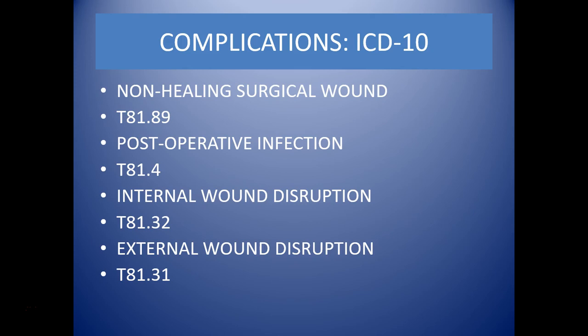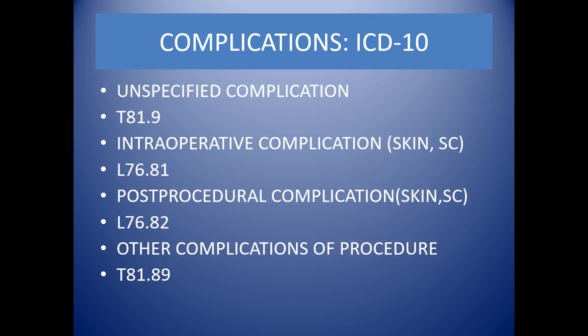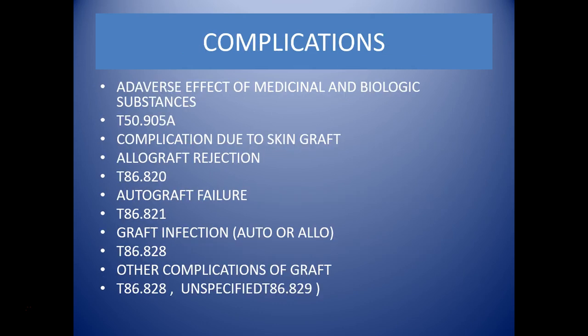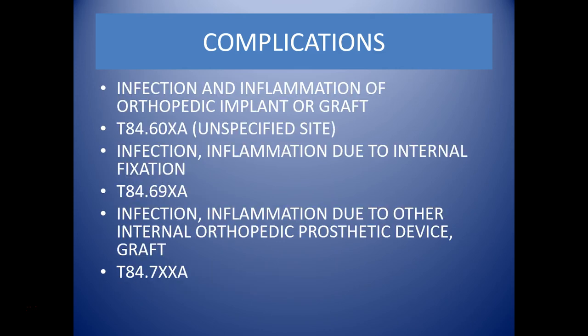Complications including soft tissue and bone healing complications, wound dehiscence and disruption have separate ICD-10 codes, and you want to familiarize yourself with the various ICD-10 codes that are available to describe the complications that can occur. There are also separate codes available to describe complications with the use of grafts and graft-like materials. And similarly, there are ICD-10 codes for post-operative infections, both superficial and deep.